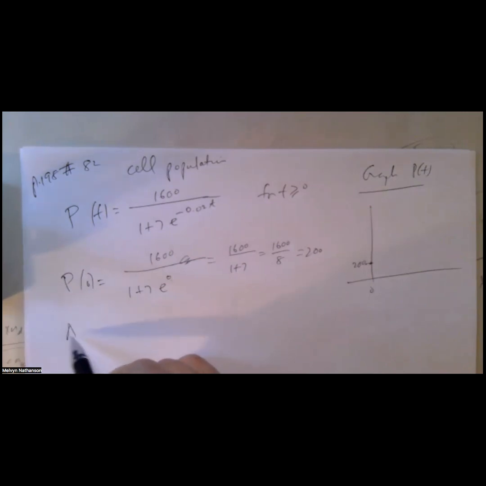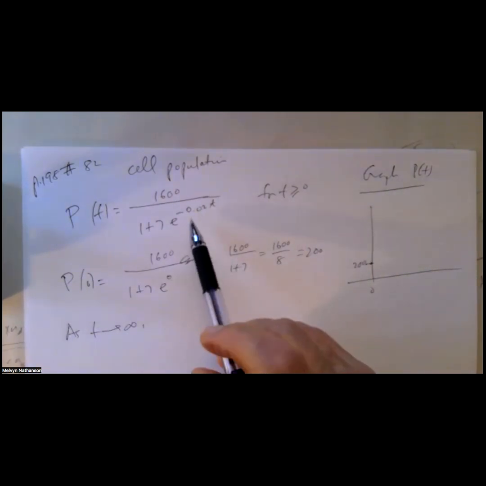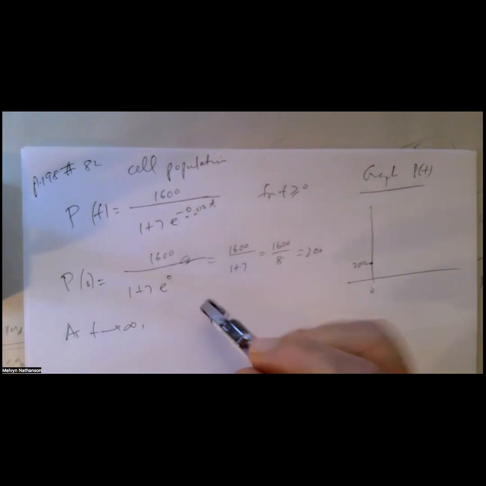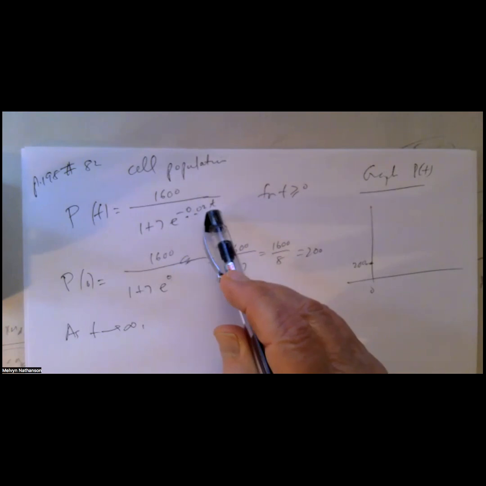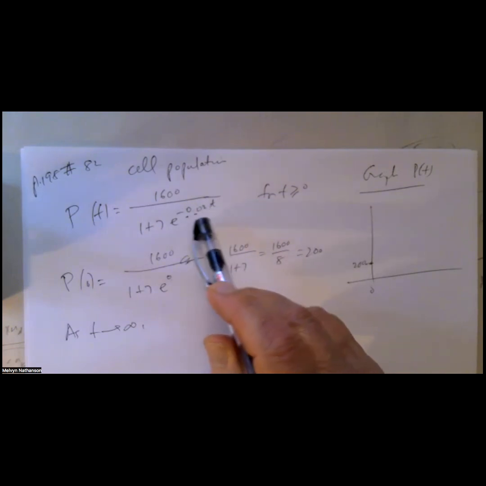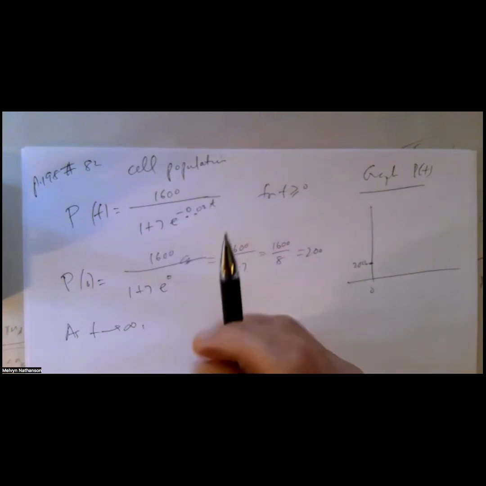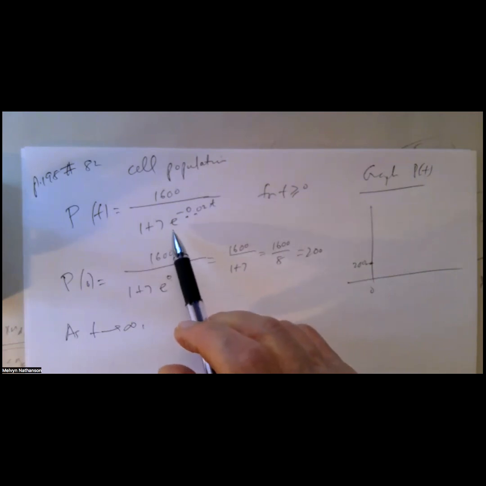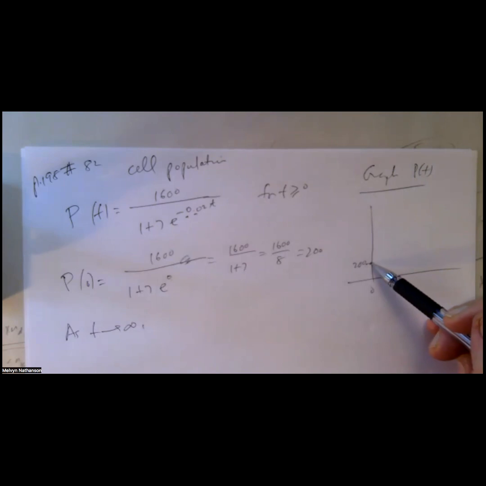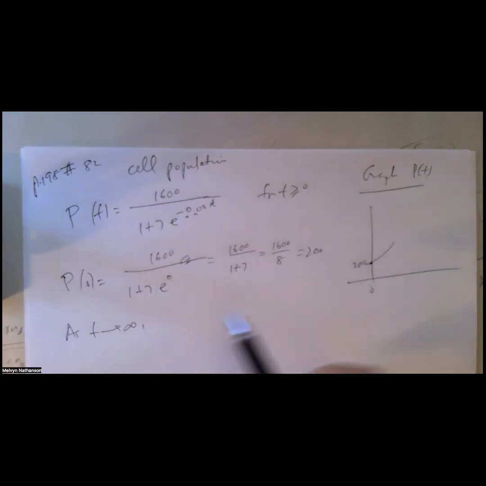What happens as t goes to infinity, as time increases? The function e to the minus 0.02t is always positive, and as t gets bigger it is decreasing. So this is a positive number which is getting smaller. When the denominator gets smaller, your fraction gets bigger, so the population is increasing.